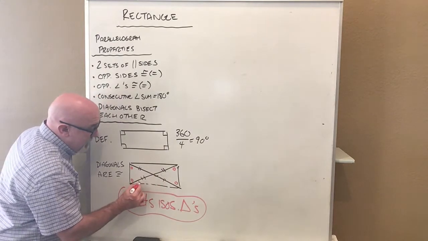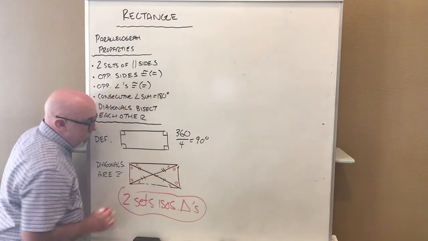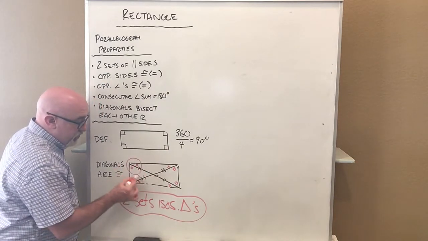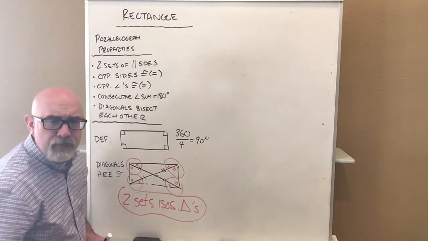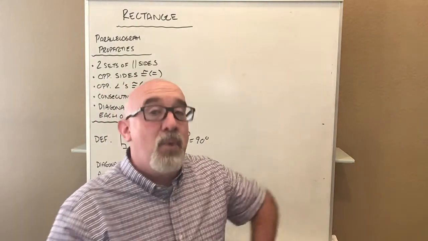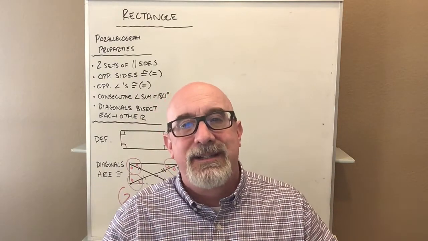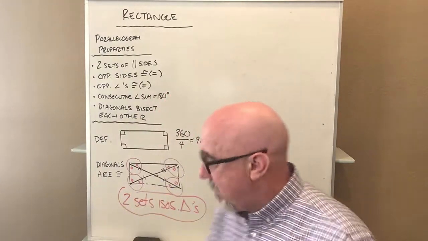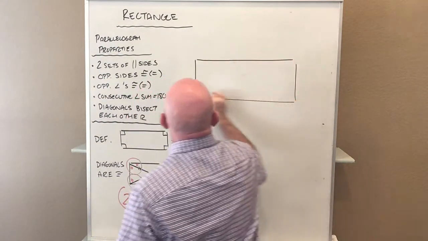And these base angles would be the same and they would match these ones. And guess what? Every one of those corners will equal 90 because it's a rectangle. So the very important thing to remember about a rectangle is that inside of it are these sets of isosceles triangles. And what's fun about that is that you actually can find out quite a bit.